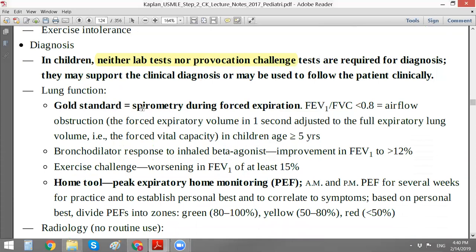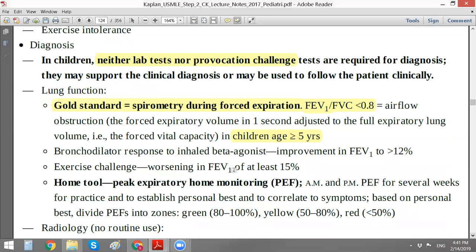The gold standard is spirometry during forced expiration. You will find an FEV1/FVC ratio less than 0.8, showing airflow obstruction in 1 second, in children older than 5 years. Bronchodilator response to inhaled beta agonist shows improvement in FEV1 of greater than 12%.